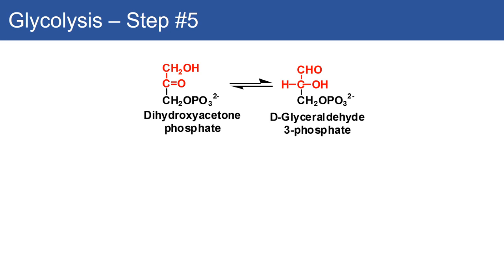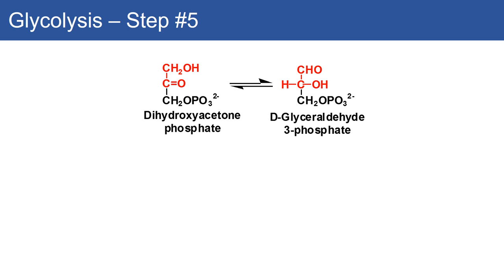Step 5, we take the dihydroxyacetone phosphate and we're going to convert it to the glyceraldehyde 3-phosphate. So we're going to isomerize this triose phosphate. It's catalyzed by the triose phosphate isomerase. You're going to want to know that. And it involves 2 successive keto-enol tautomerizations.